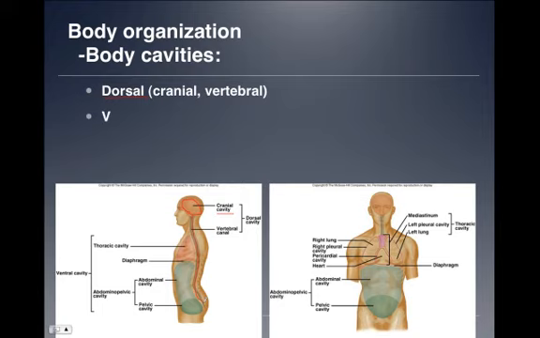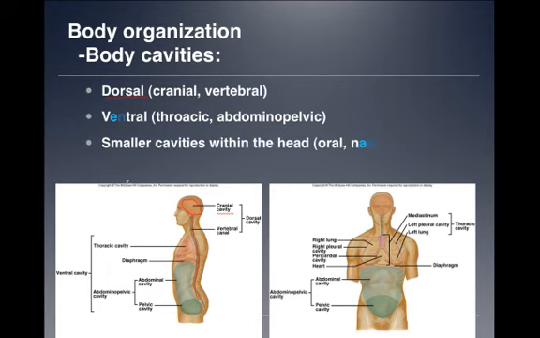Then we have our ventral body cavities, which are the body cavities more towards the front side of the body. This is going to be the thoracic cavity here, which is going to house the heart and lungs.